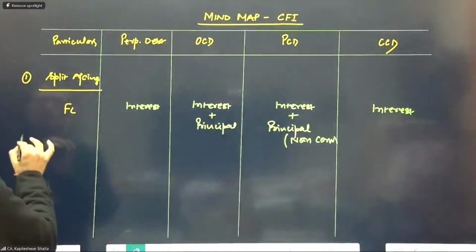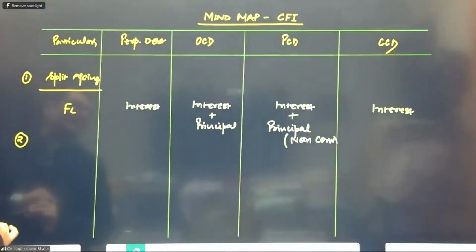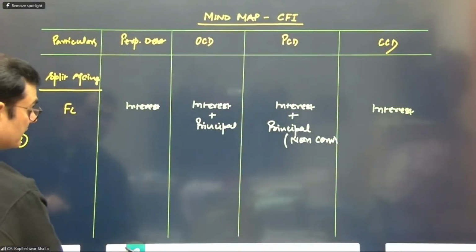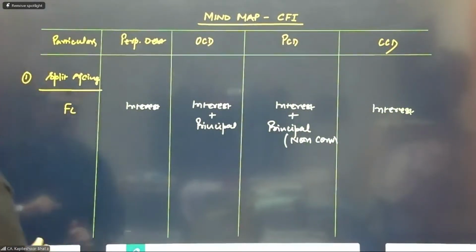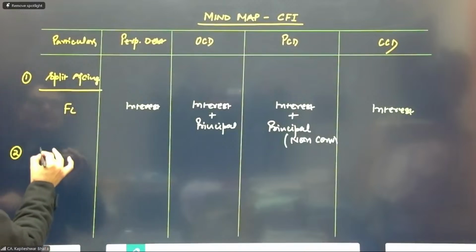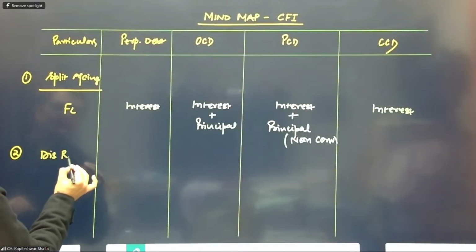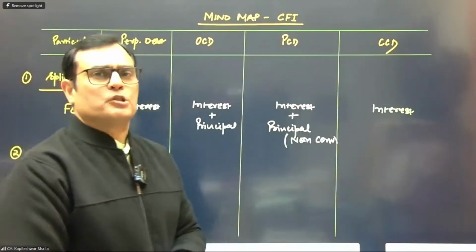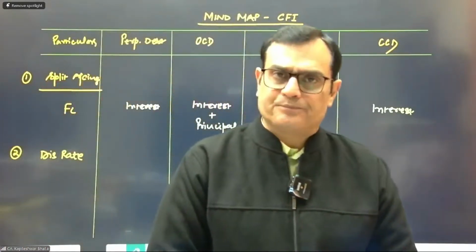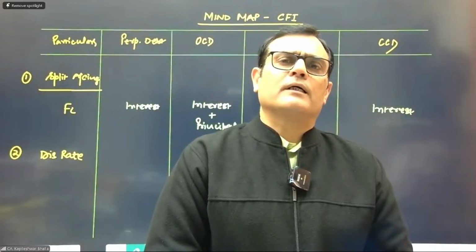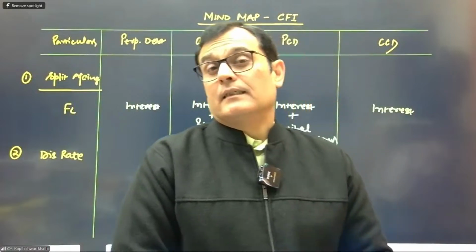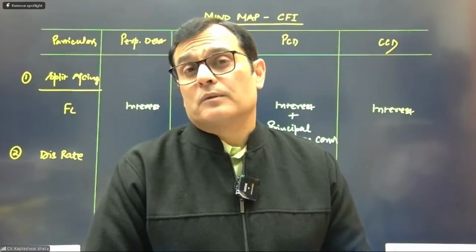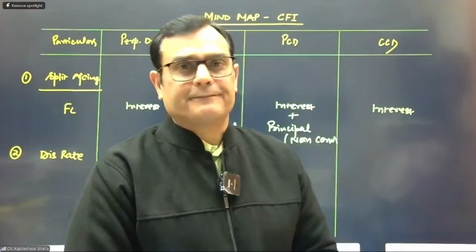I'm now focusing on the second input, and that is the discounting rates to be used. In order to calculate the FL, we need to consider the discount rate as well. So can I say in terms of the perpetual debt, market rate? And in terms of all other instruments, the rate on a non-convertible instrument, right?